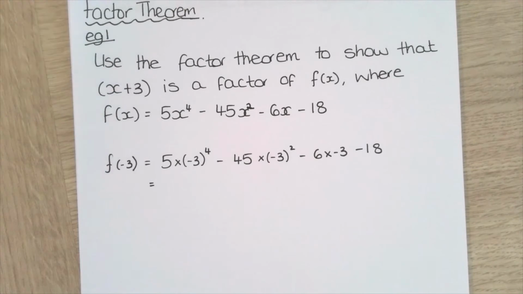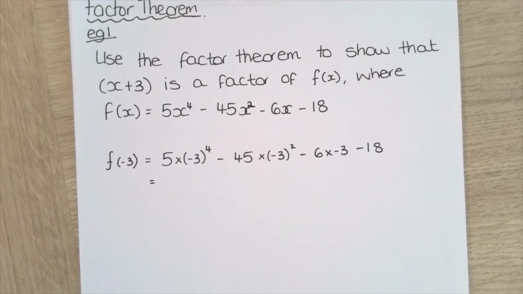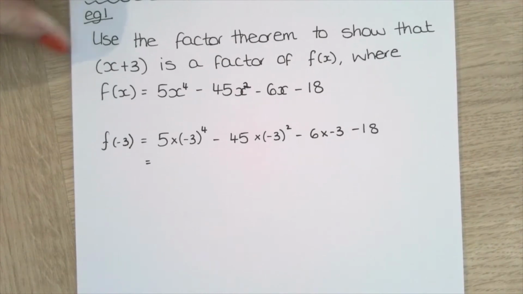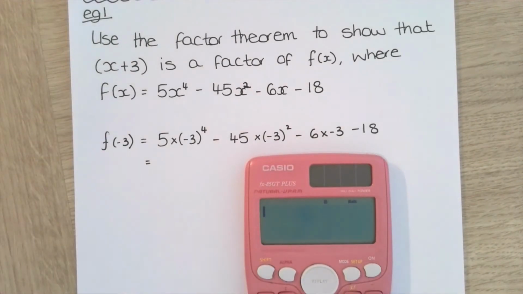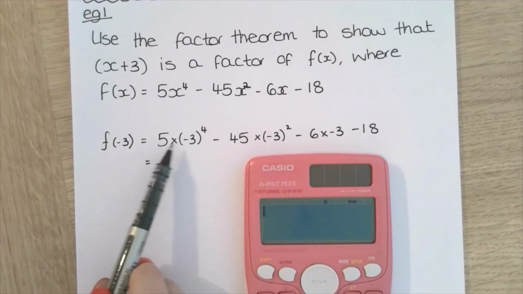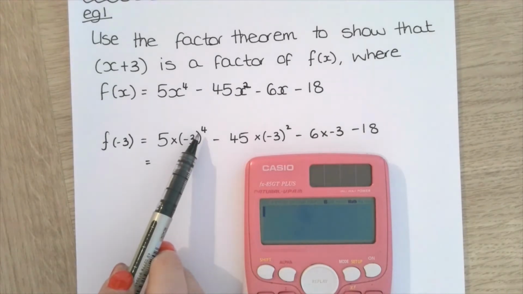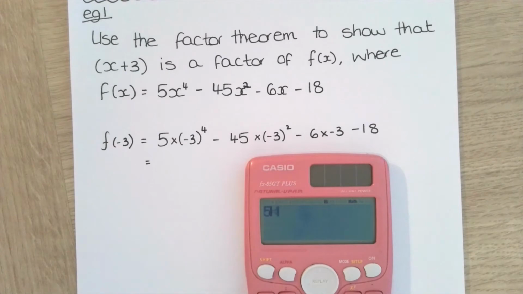I'm going to do it with a calculator today, but you need to be really careful when you type this into your calculator. So here, 5 times negative 3 to the power of 4, please make sure that you put brackets into your calculator when you type it in. So make sure there are brackets around the negative 3.